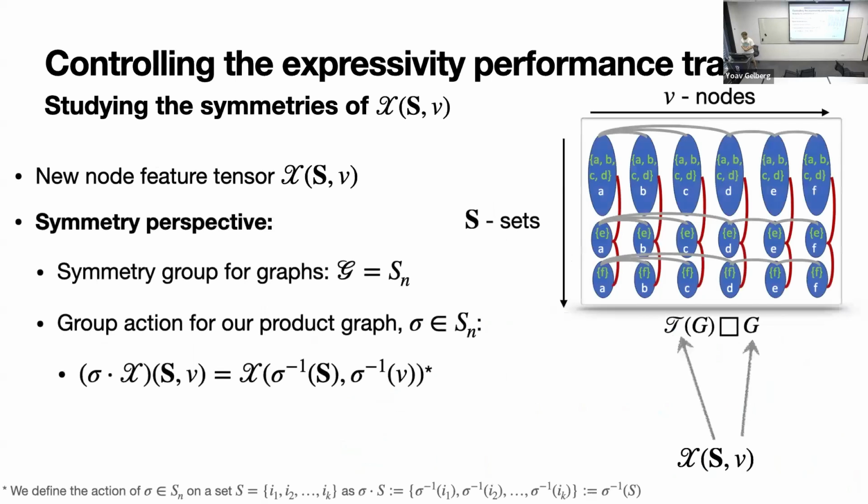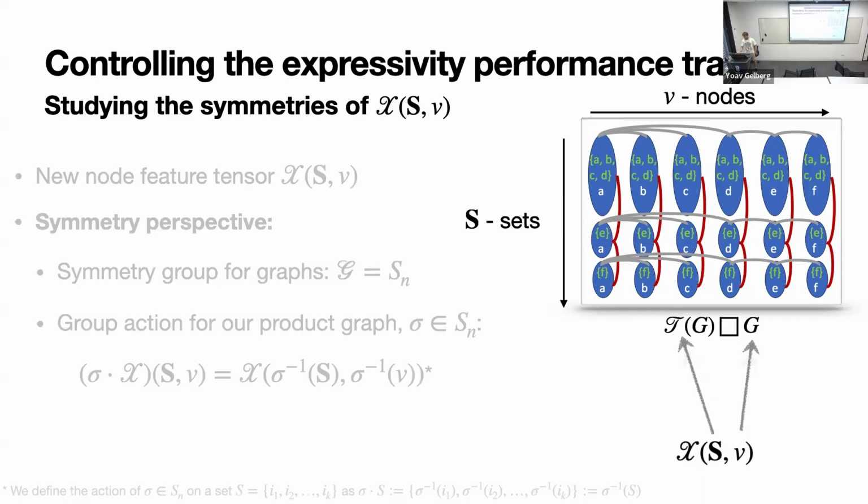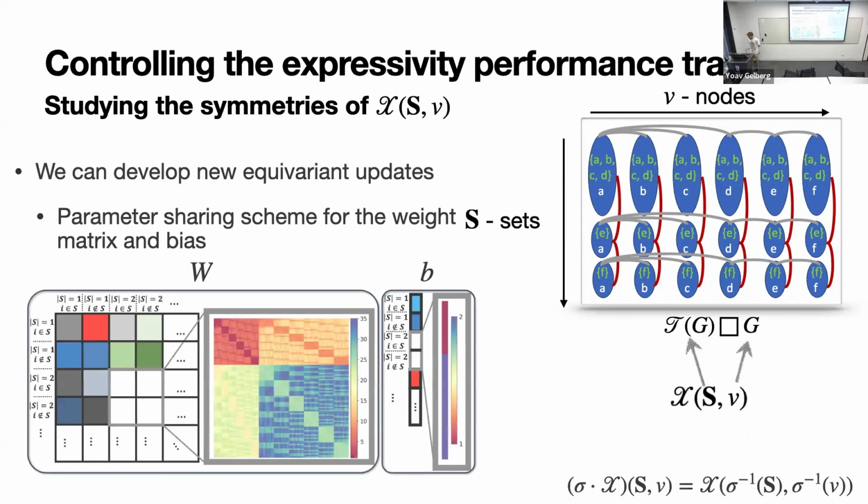Taking a symmetry perspective, we know that the symmetry group for graphs is permutations. And for our node feature tensor, this permutation acts as follows. It permutes both the elements in the set and the node V. Now, given that we know the group action and the node feature tensor, we can develop the proper parameter sharing scheme that respects this symmetry.